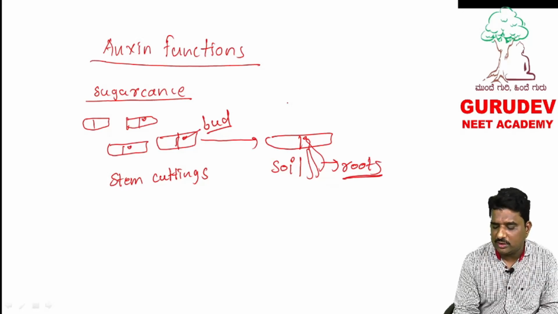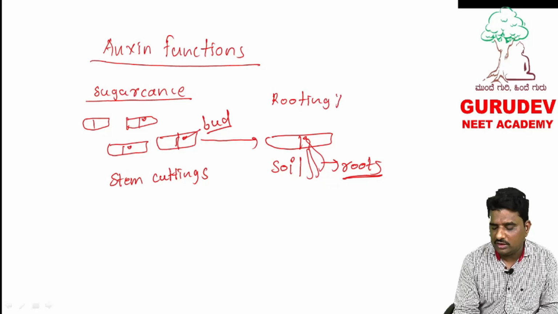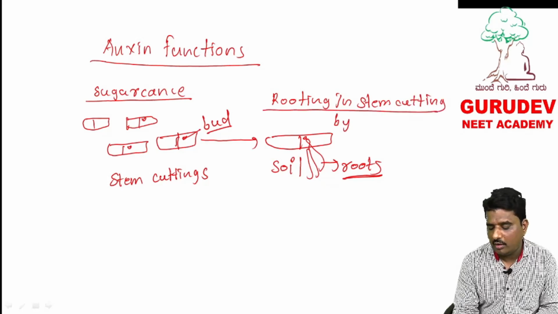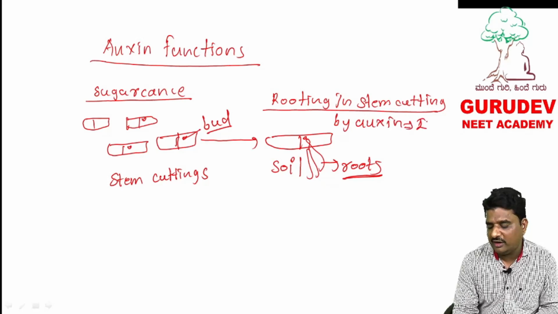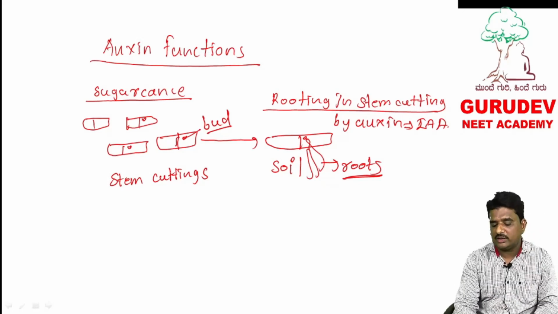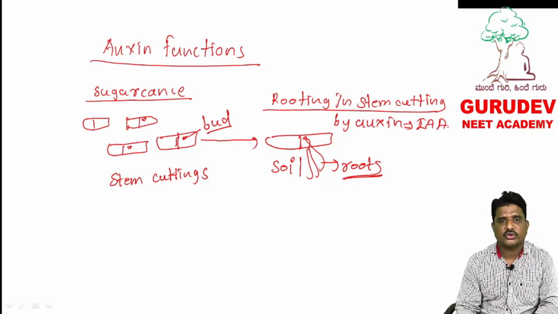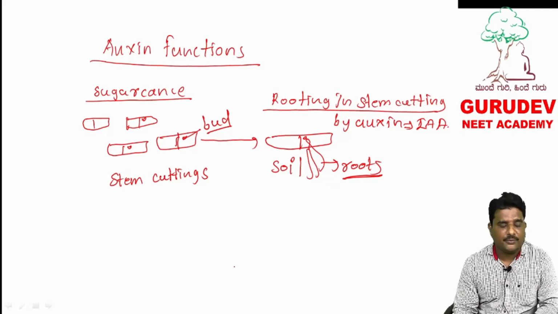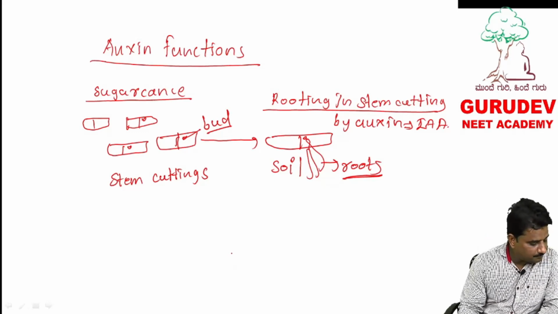So rooting in stem cuttings by auxin hormone, particularly which hormone is applied? IAA hormone is going to be applied. So in that stem cutting we get the roots, particularly in sugar cane. Okay, now this is the function of auxin hormone.